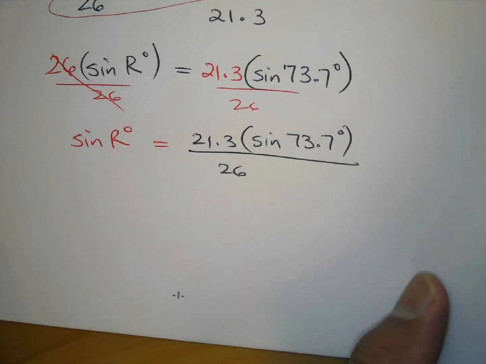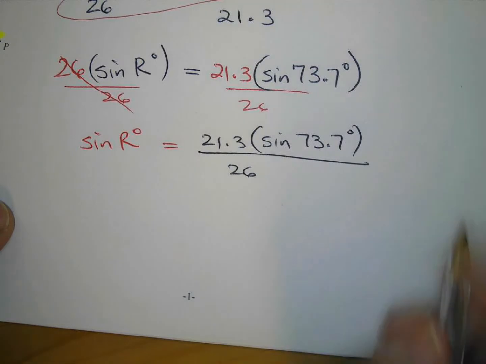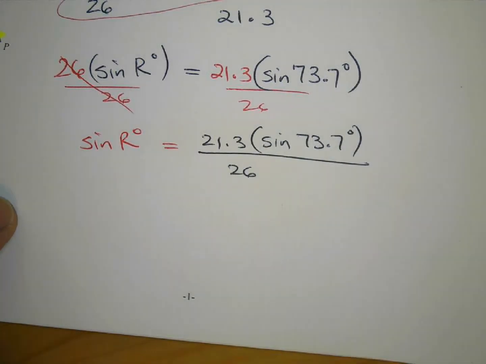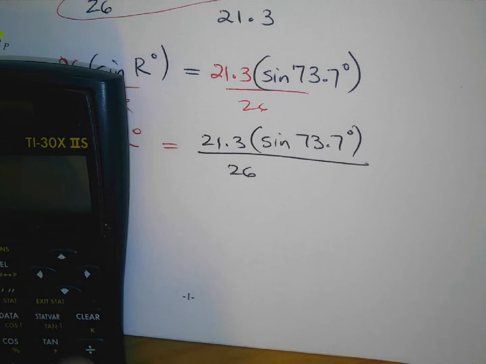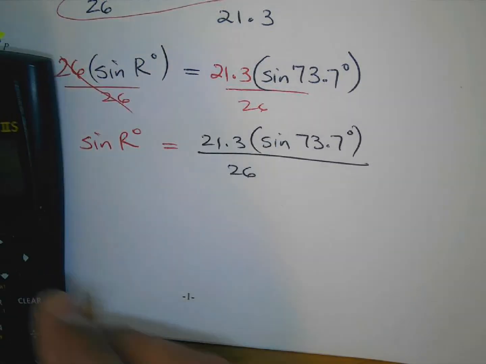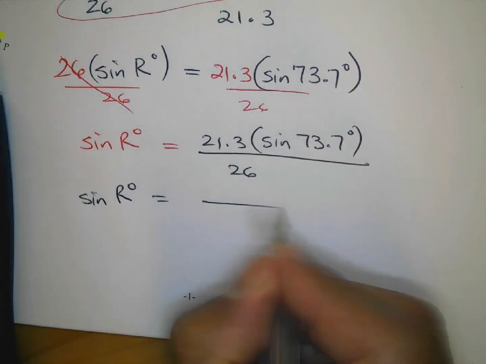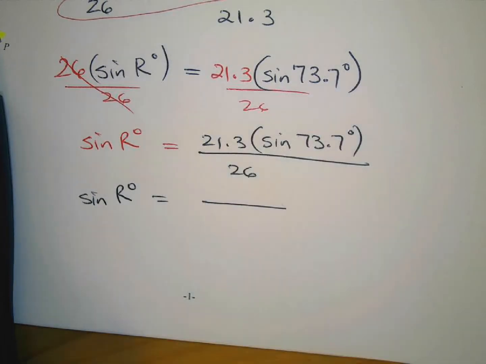Here's where you got to use your calculator. I would recommend get the value for the top, get the value for the bottom. Try not to do it all at once. So when you get that value, you should get sine of R is equal to 21.3 times sine of 73.7, close it, divided by 26.